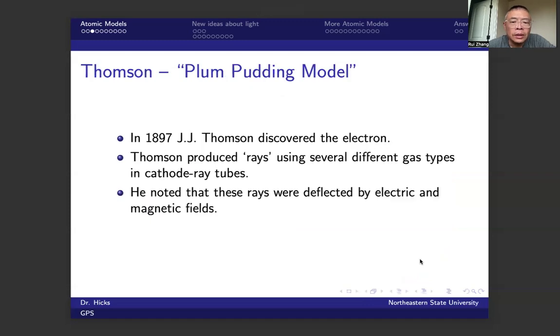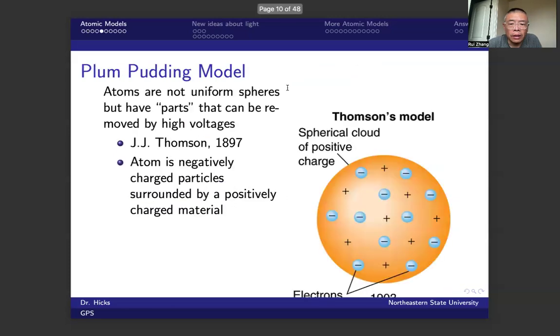After that, J.J. Thomson discovered a particle called the electron. Therefore, he proposed a different model based on Dalton's model, called the plum pudding model.